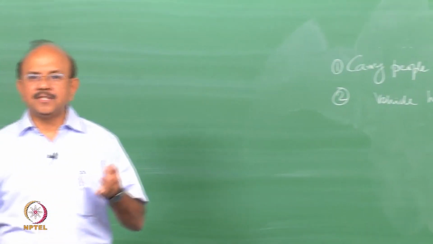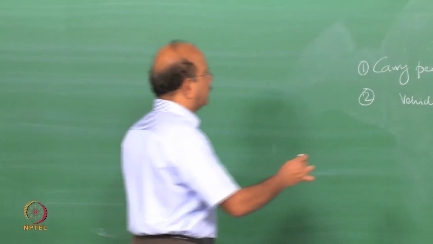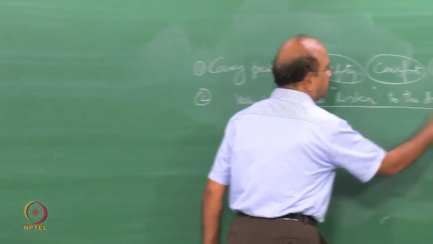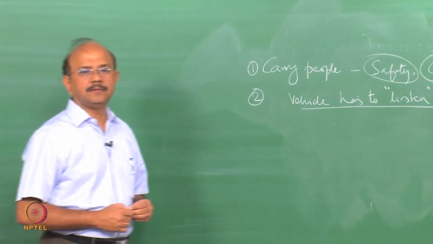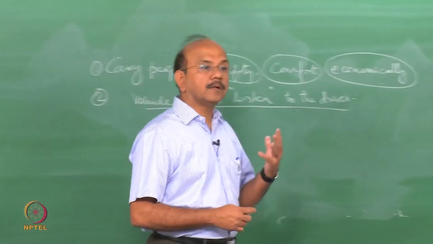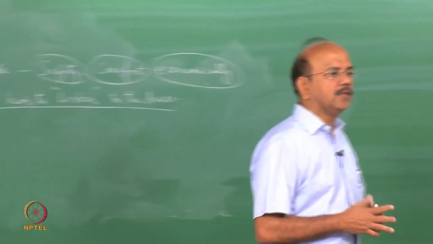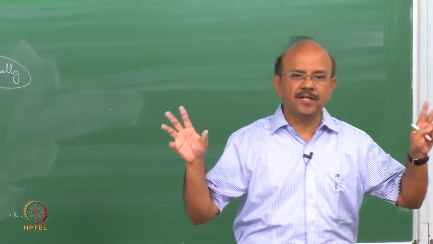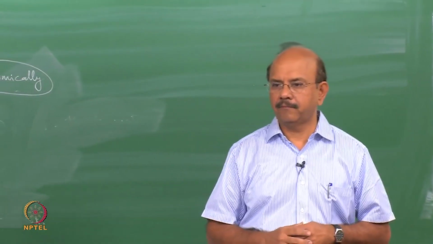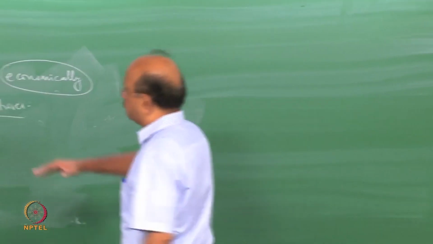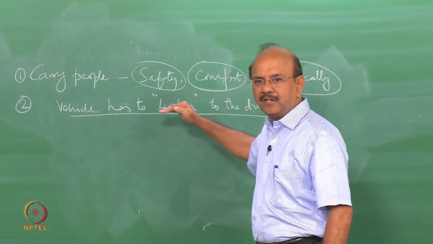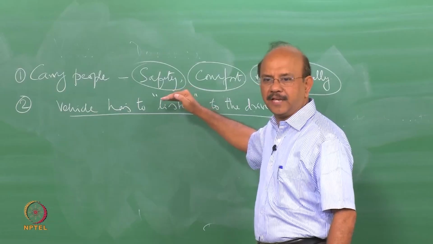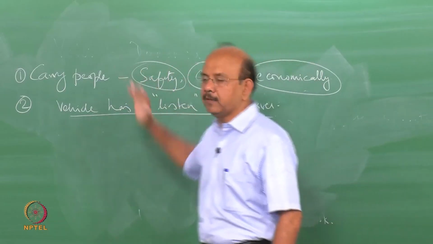Safety is linked with the second part of this categorization. Safety is the result of the vehicle properly listening to the driver. Hence, that is why I had put that as a second category, and the vehicle has to listen in such a fashion that it is safe for the people inside.